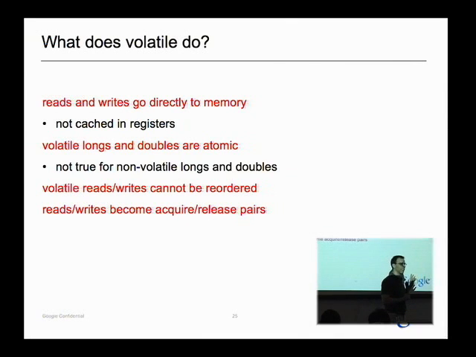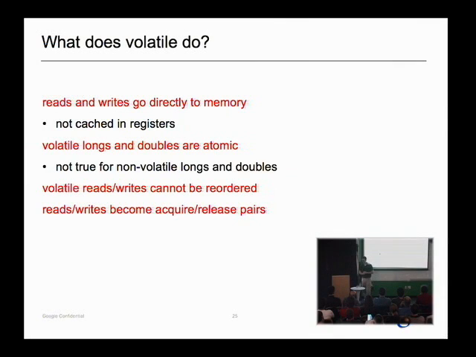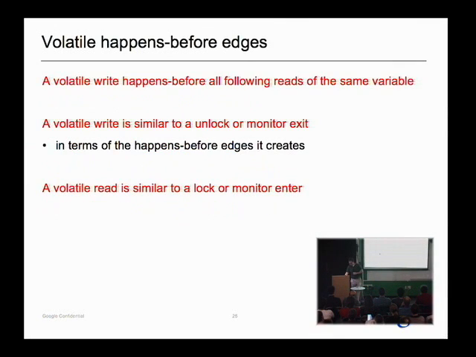But going back to what's going on at the compiler and VM level, volatile reads and writes are not generally going to be reordered, and they act as acquire-release pairs. That's the most important notion to remember here. A volatile write followed by a volatile read is a release and a matching later acquire. So a volatile write happens before all following volatile reads of the same variable.